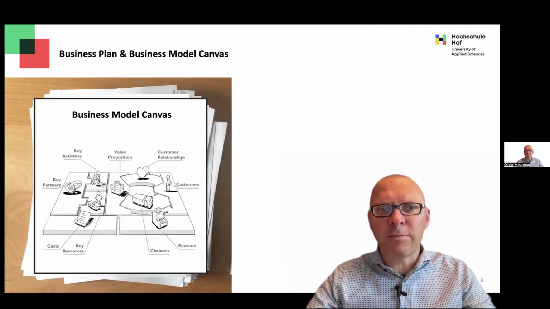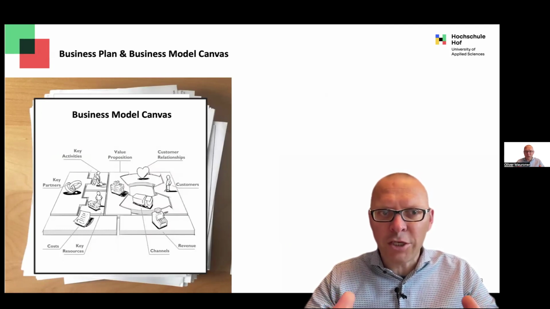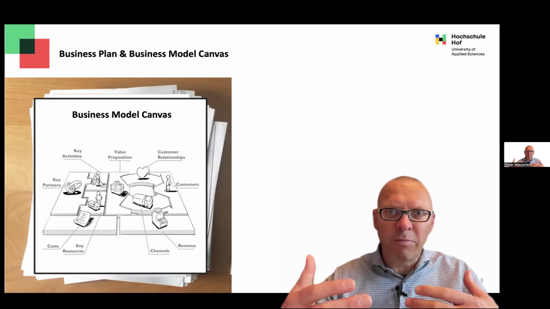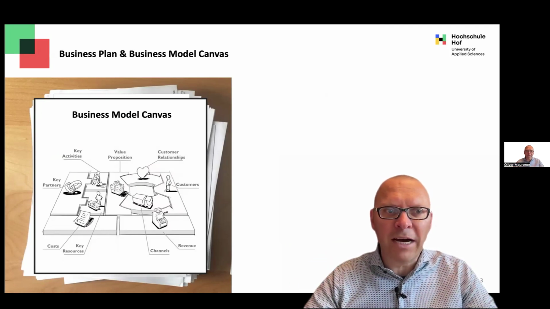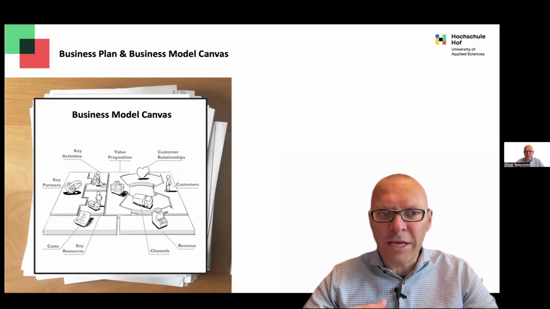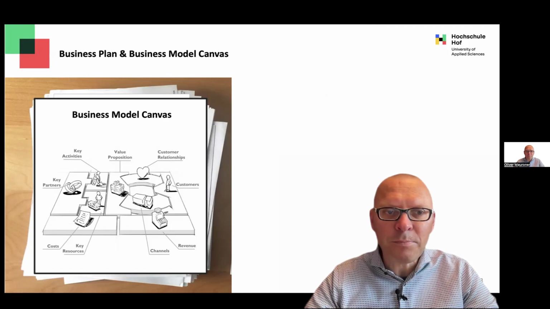So a business model canvas has the great advantage that one can benefit from the visualization and the structure, just the default model, which is provided by the business model canvas. This is very helpful to understand how businesses create value, how they deliver value, how they capture value.